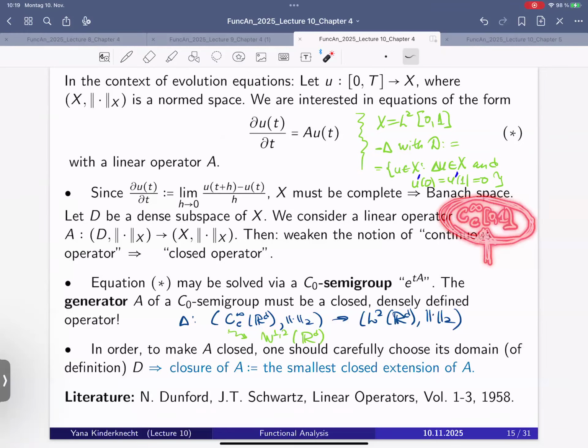And so starting from this set, we cannot make a closed extension like this.